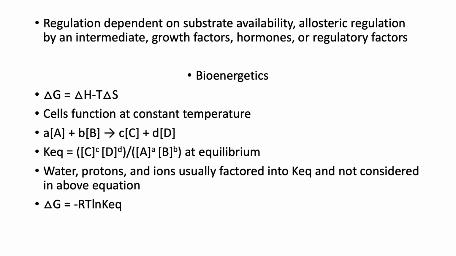By point of review, we again talk about the Gibbs free energy, the change of which is equivalent to the change in enthalpy, which is delta H, minus the temperature times the change of entropy.